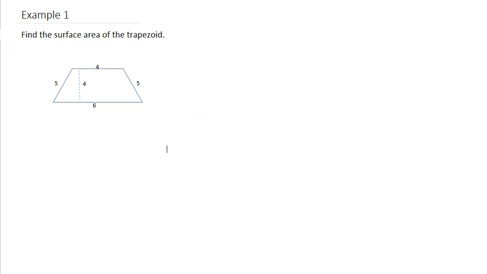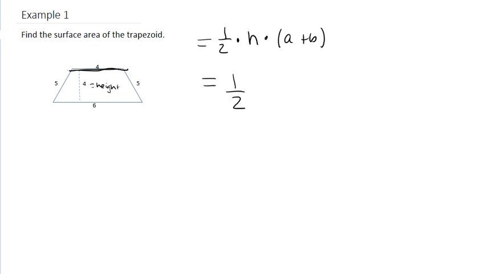Example 1. Find the surface area of the trapezoid. So from our formula, we have 1/2 times our height times a plus b, which is our two bases. Now, this is our height here, this 4, as it will meet both the bases and form a right angle.